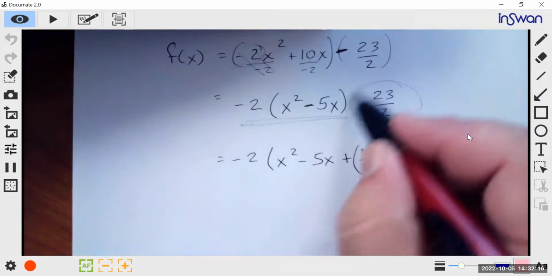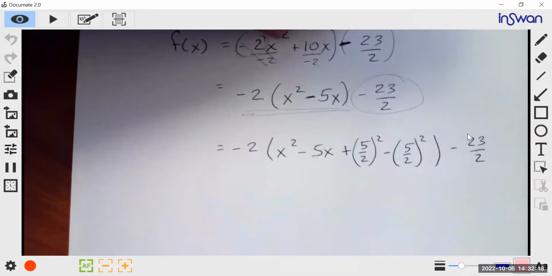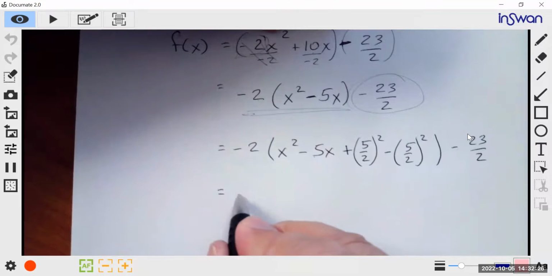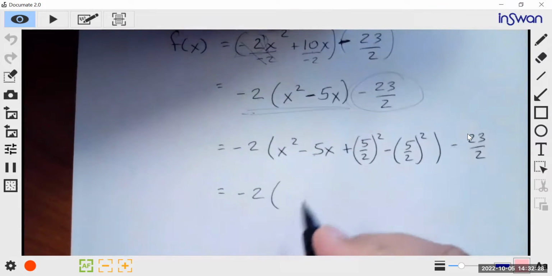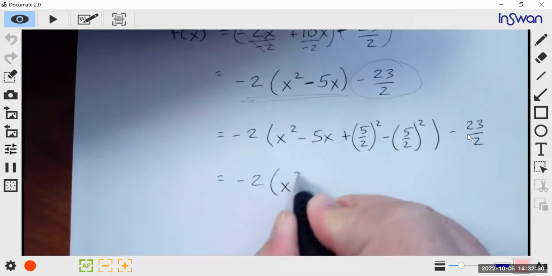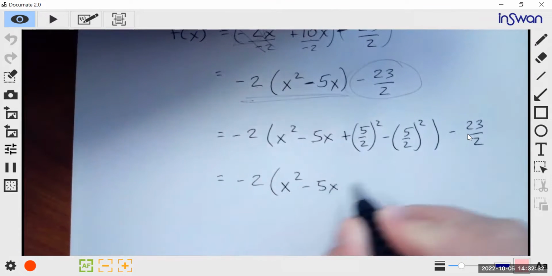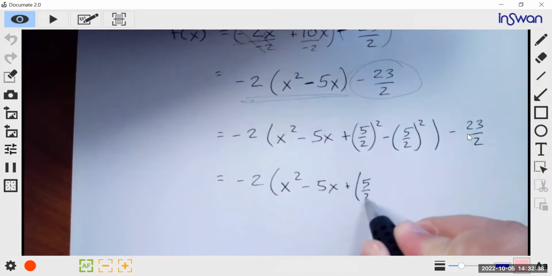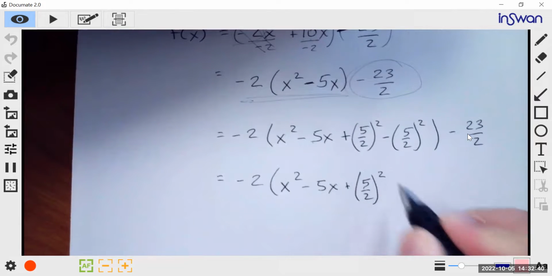I'm not touching this one just yet. x squared minus 5x plus (5/2) squared.